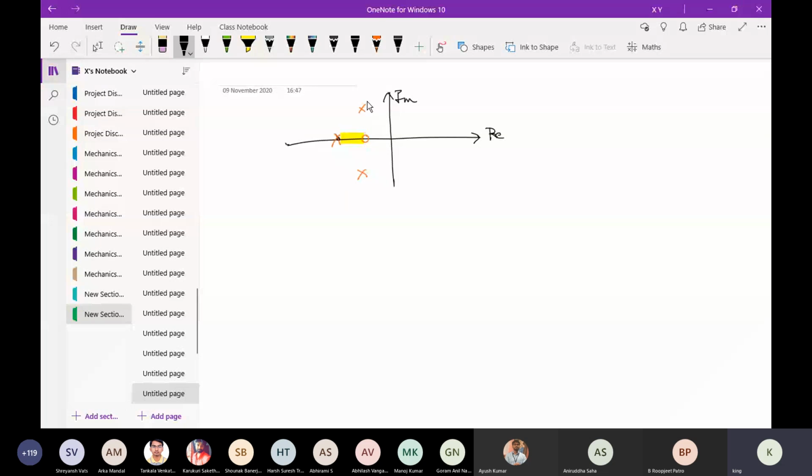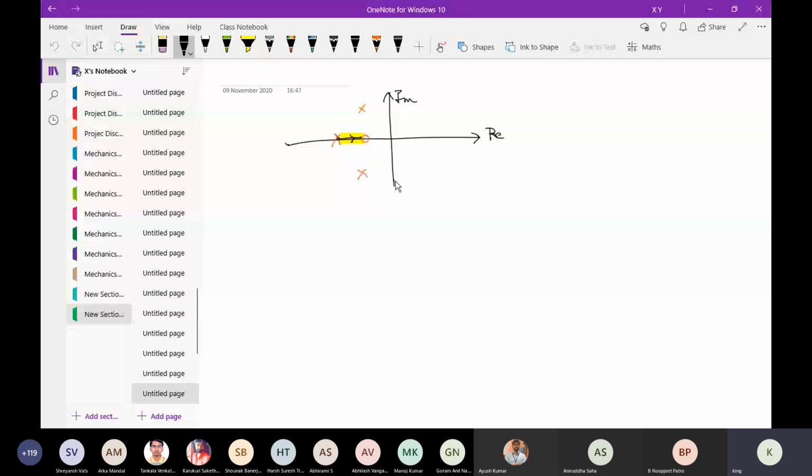Okay, and there is something going to start from here, something going to start from here as well. This is something that is conforming to that rule. But now we know that something is going to start from here and should be going to infinity, because ultimately the number of poles and zeros will be the same, but those zeros are actually at infinity.